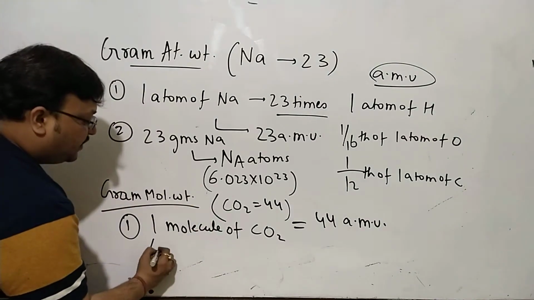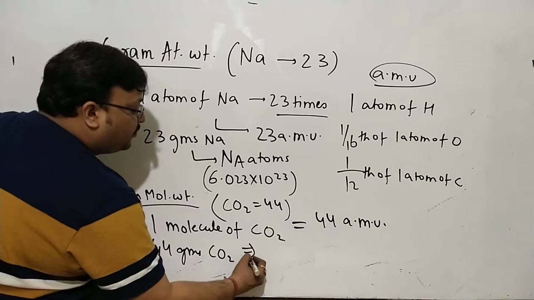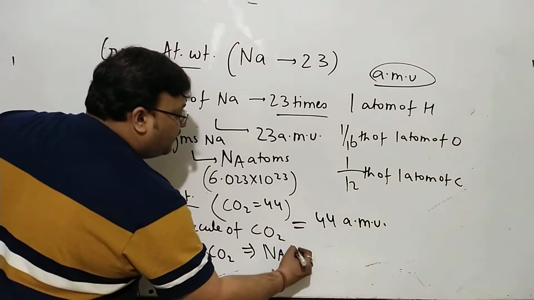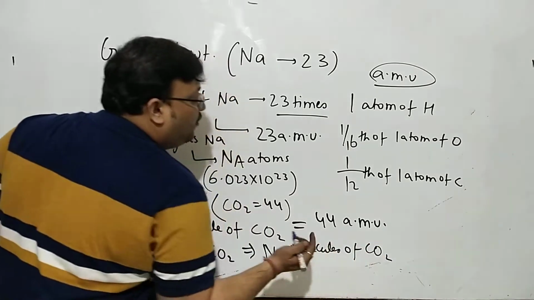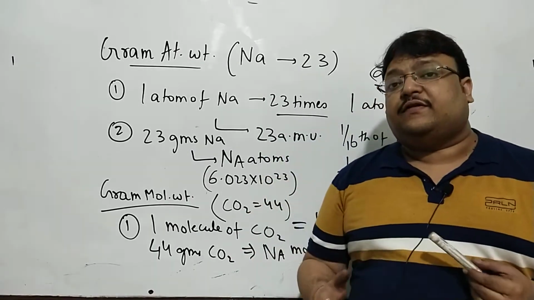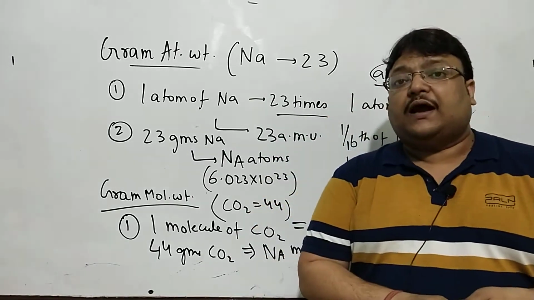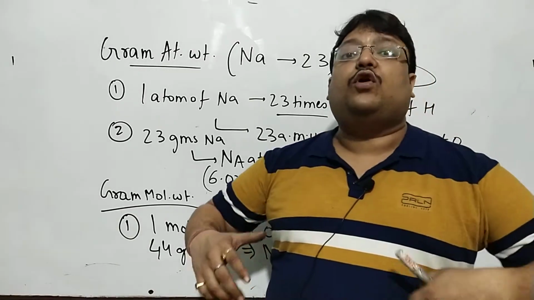It also means that 44 grams of carbon dioxide will contain Na molecules, 1 mole of molecules. So basically atomic weight in grams is the weight of 1 mole of atoms, and molecular weight in grams is the weight of 1 mole of molecules.